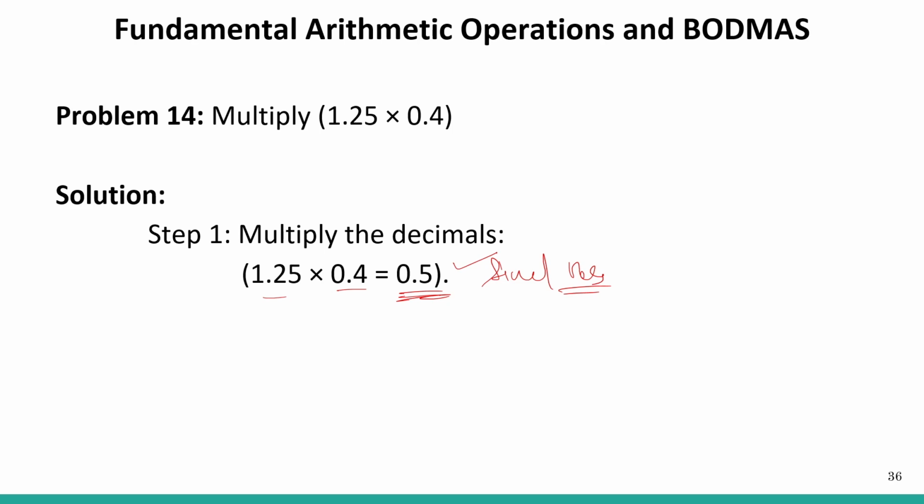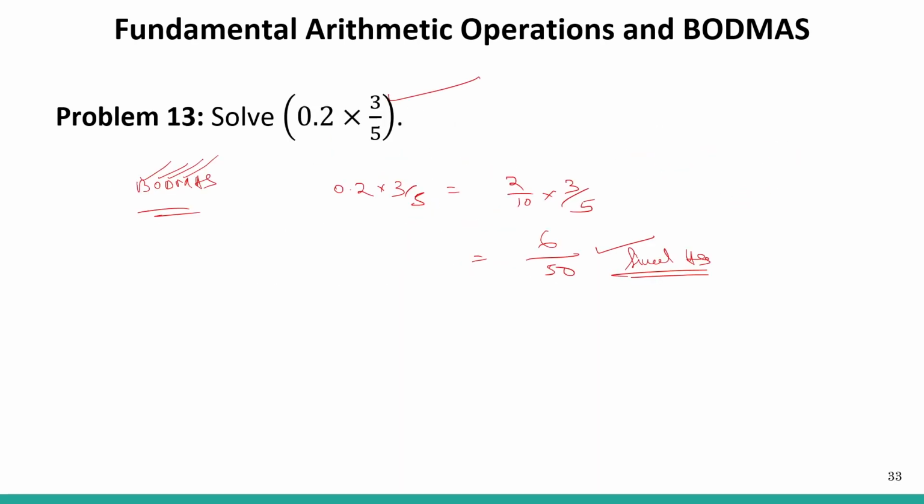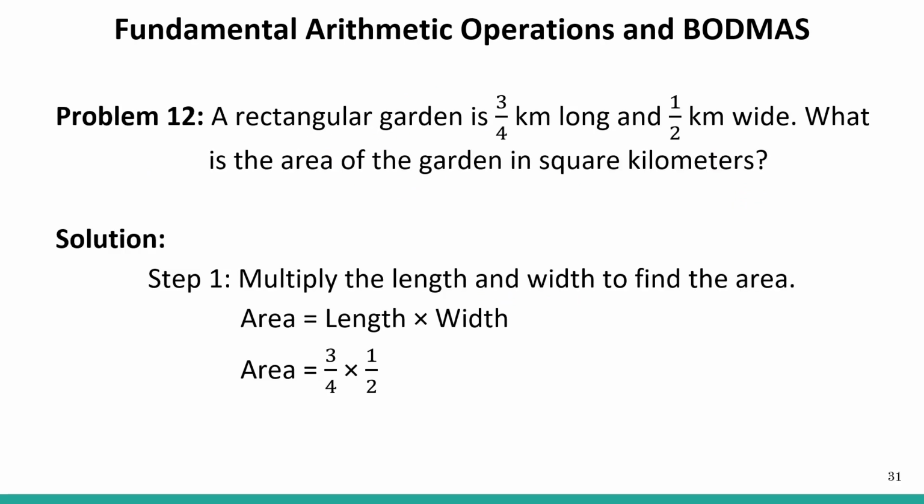We multiplied, we divided. We solved mixed numbers and fractions. We solved word problems also. These kinds of problems are very important from the exam perspective. Okay, so this is all for this lecture. Thank you.